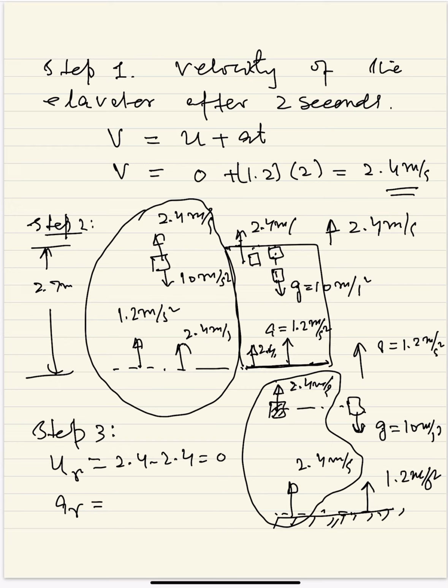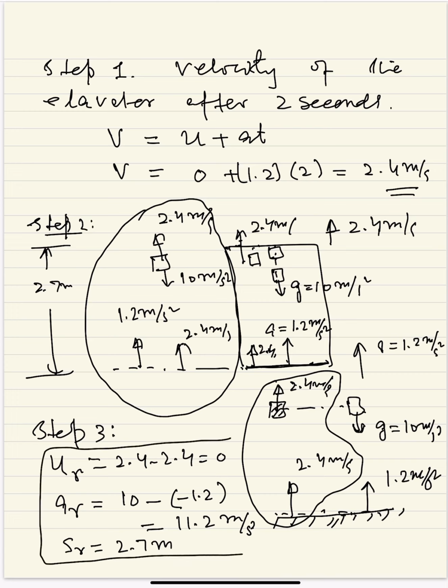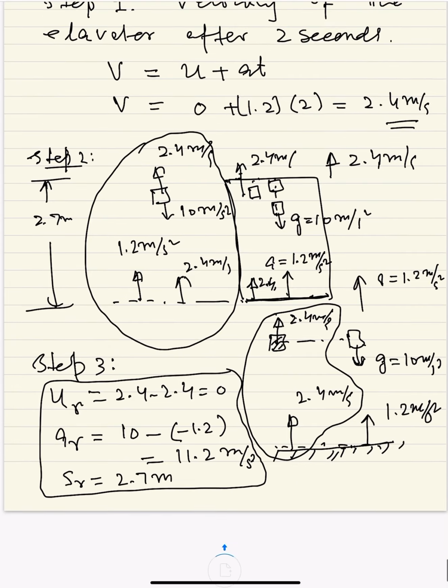It is basically 10 minus of minus 1.2, that is 11.2 meter per second square. And what is relative distance? That is 2.7 meters. So this is something that I want to use to get the answer to the problem.